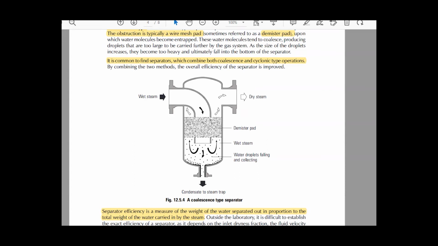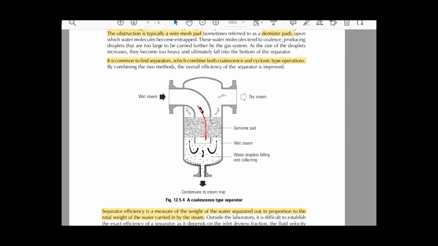The water droplets come to this mesh, and the lower density steam goes with it, and according to its lower density, it moves another time to this wire mesh. This improves its quality of dryness ratio.